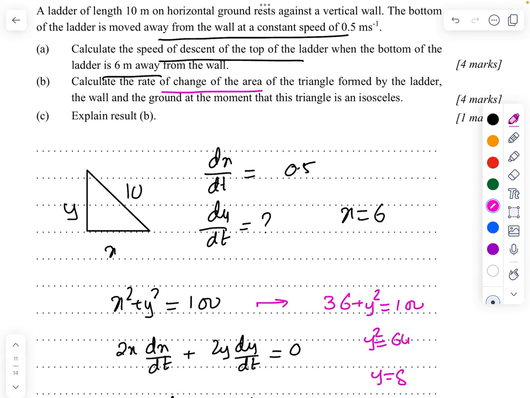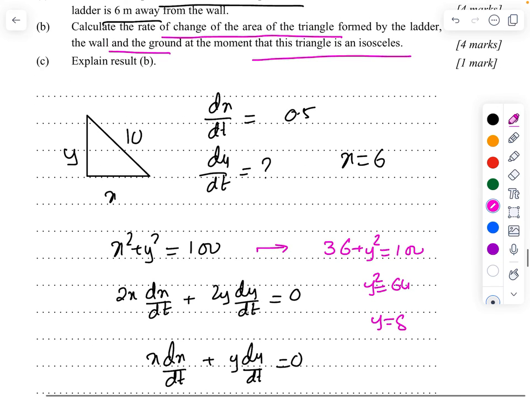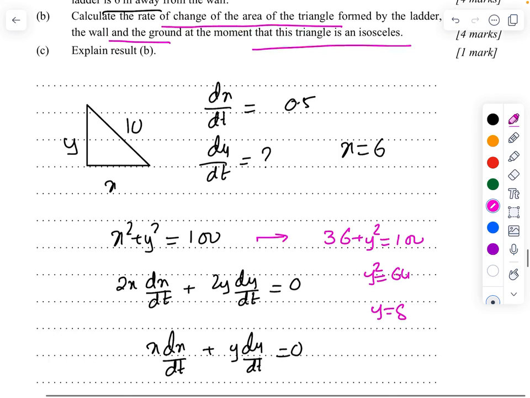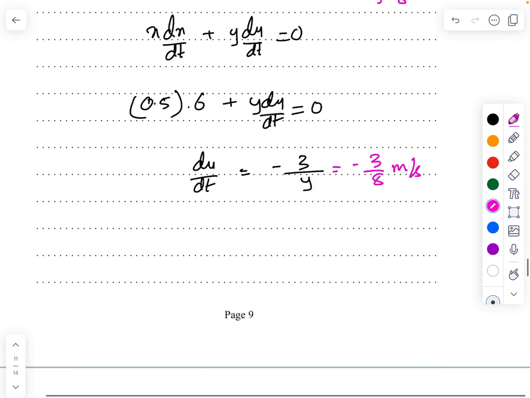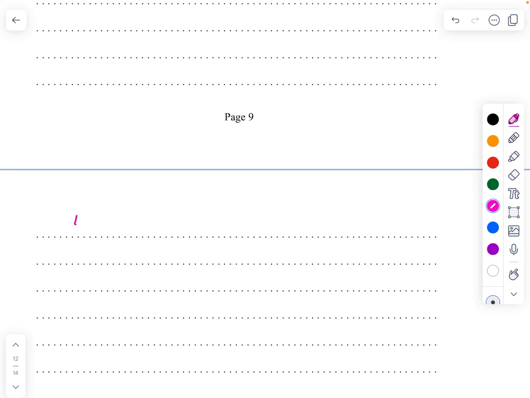Calculate the rate of change of the area of the triangle formed by the ladder and the ground at the moment the triangle is isosceles. So I want to find the area of a triangle. Area of a triangle is half times base times height. Half times base x, height is √(100 - x²).